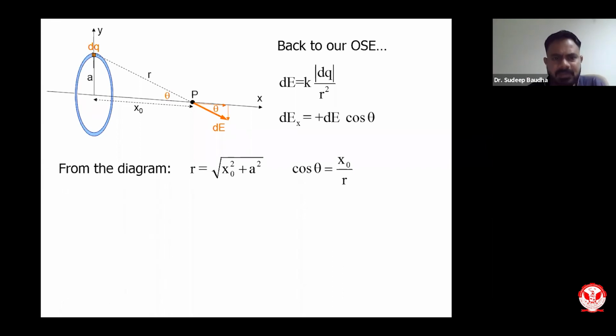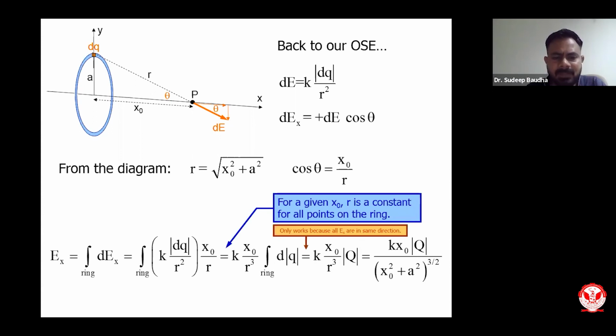Now we know the small segment, we know the component required, so I can straight away find the entire component Ex of this particular ring. What I will do is integrate this component across the geometry, across the ring.